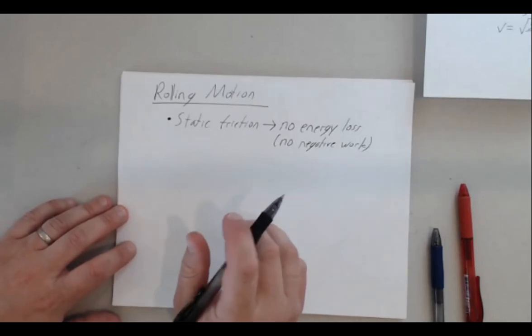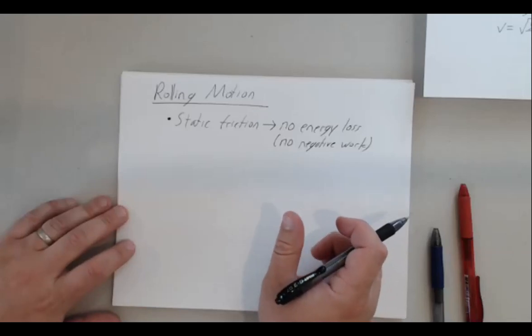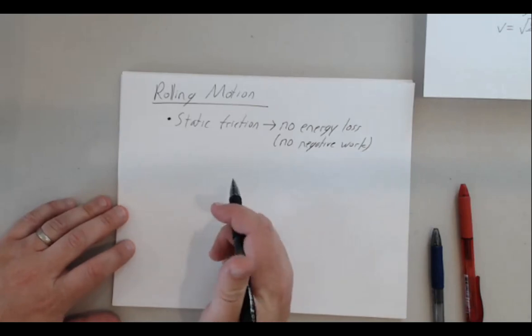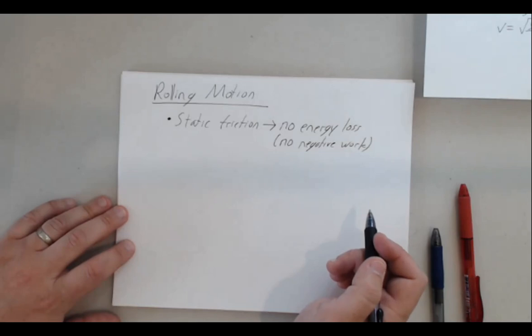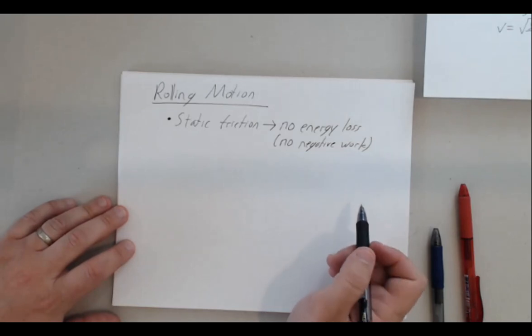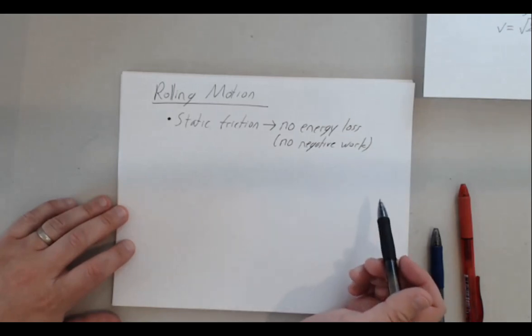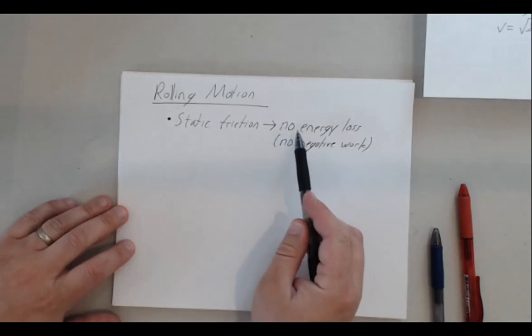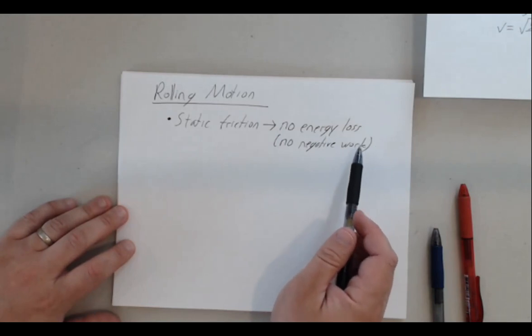This is why everyone knows that you would much rather put something on a wheel and roll it across the surface than drag it across the surface. Because by letting it roll, you get no energy loss. It's why your bicycle works so darn well, why you can go so much faster on your bicycle than you can by running.